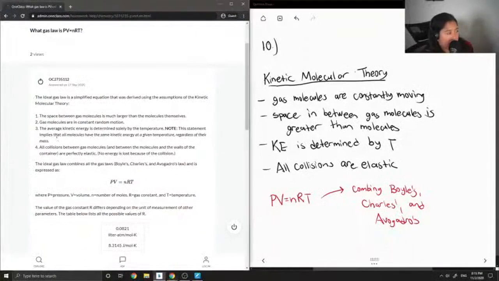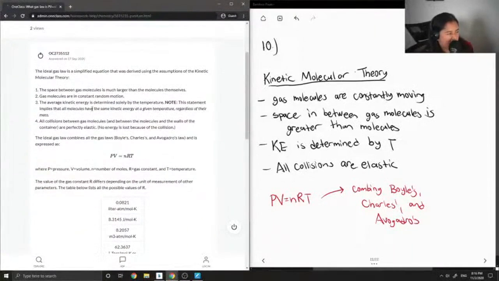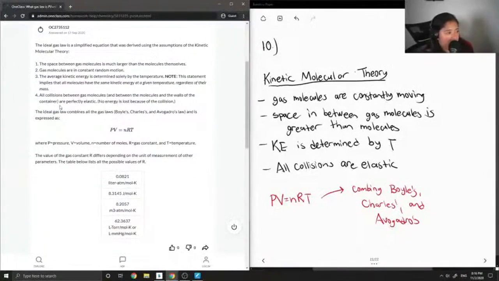Note this statement implies that all molecules have the same kinetic energy at a given temperature, regardless of their mass. 4. All collisions between gas molecules and between the molecules and the walls of the container are perfectly elastic. No energy is lost because of the collision.